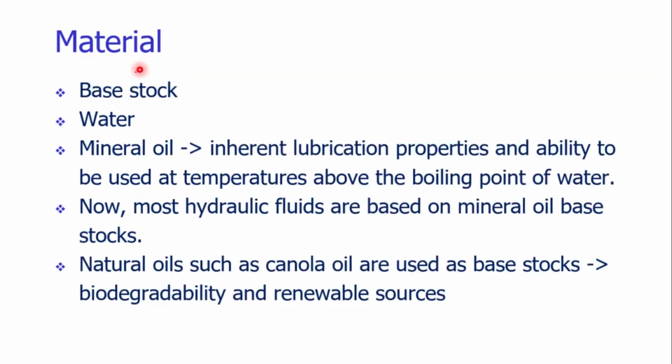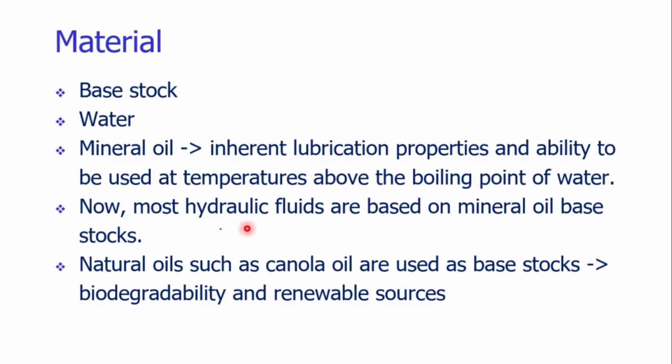The fluid material, as I mentioned, is water. Earlier when the hydraulic system started, people used water, but later they replaced water as the base stock with mineral oil. The mineral oil has inherent lubrication properties and we can use the mineral oil at temperatures above the boiling point of water.